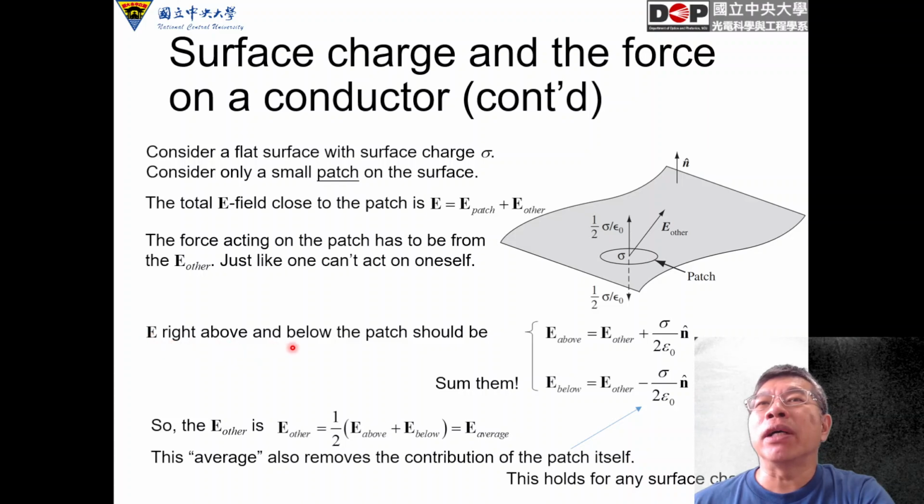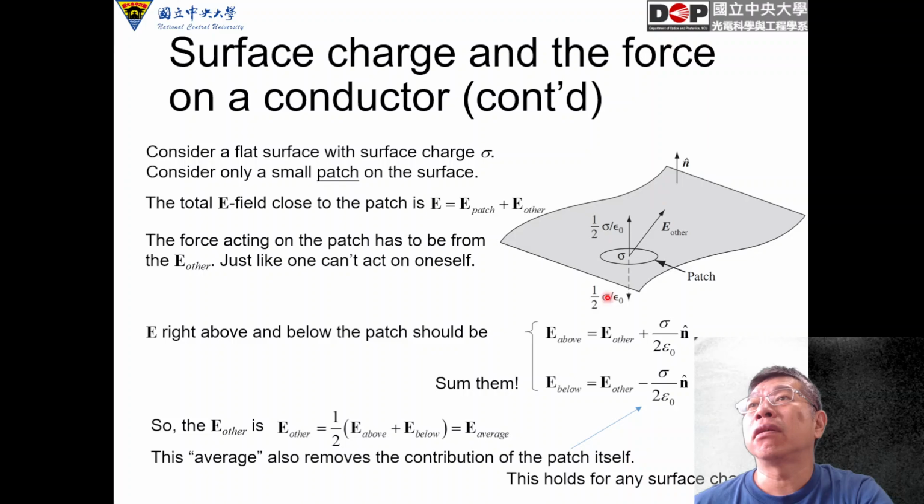So the electric field right above and below the patch should be something like this. Here is the electric field above and the electric field below. So just sum them up together.